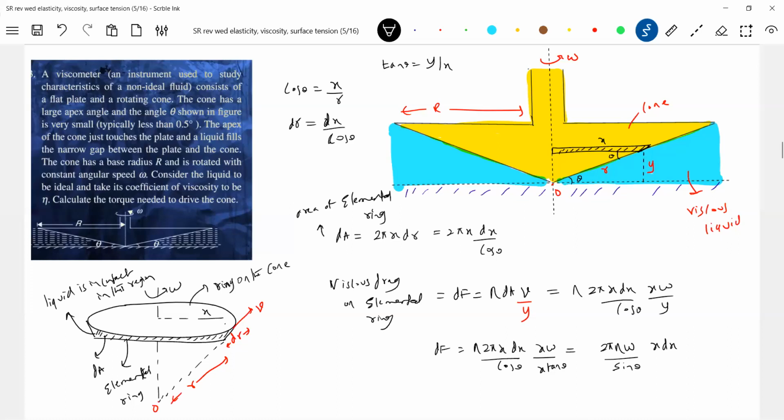So will there be any torque? Yes, there will be torque. So let's go for torque. Torque equal to dF into, what shall I write, R into dF or x into dF? Let me show that. I think I'll bring it here. This will be V. This will be dF, no?